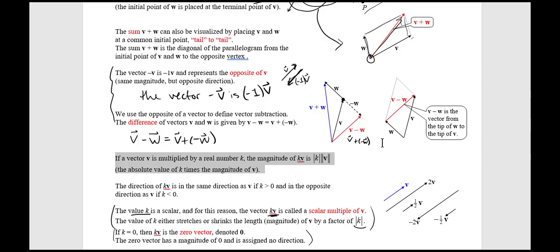Now visually, I think it's easiest to subtract vectors with the parallelogram rule, which is just to put them tail to tail like in this picture, and think of the parallelogram swept out. We know that the long distance across from their common tail is the sum of the vectors. It turns out connecting their tips is the difference of the vectors. And this kind of makes sense.